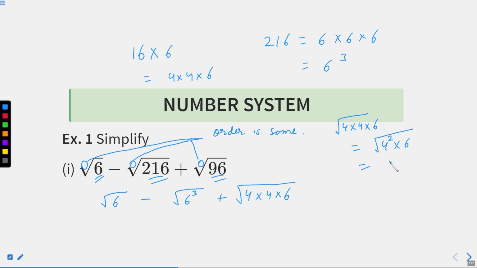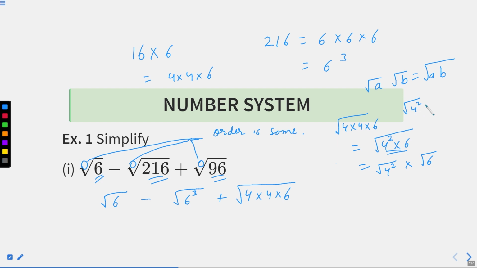And I know from a law that root of A times root of B is equal to root of AB. So this is AB, I can separate them: root of 4 squared multiplied by root of 6.